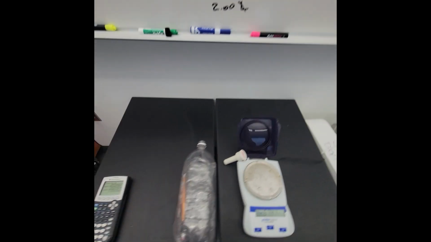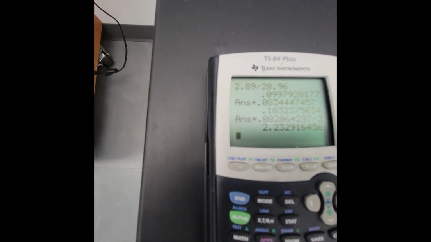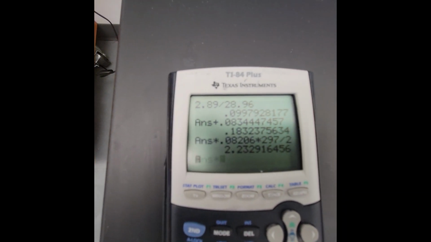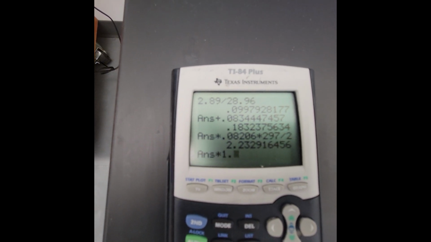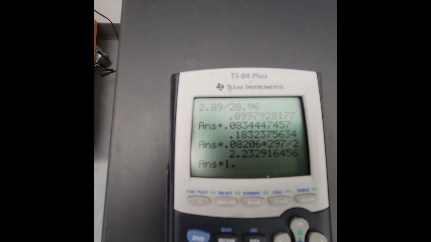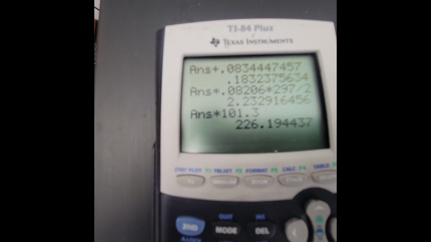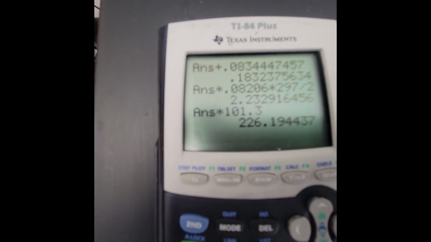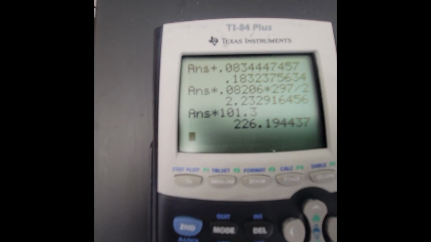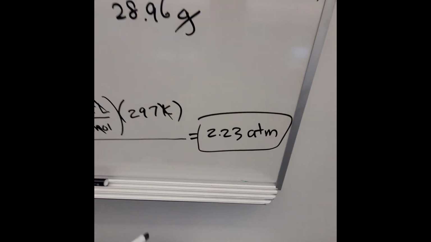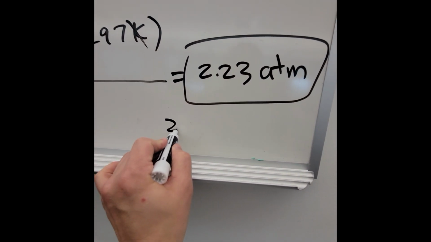Now, if you want to convert that to kilopascals, we can do that. 226. Wow, some of you got it. 226. I remember seeing that from somebody.